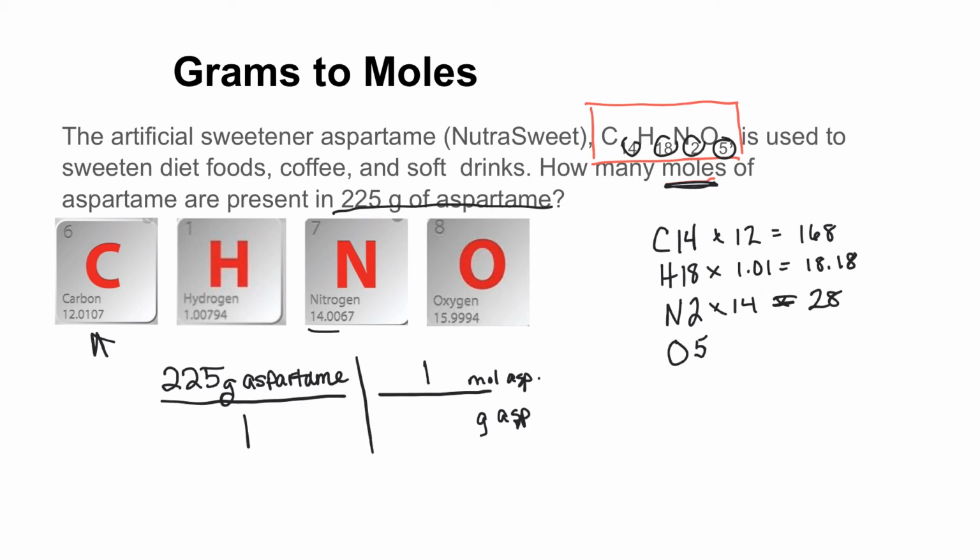And oxygen is 16, right? And so 5 times 16 is 80. And then we would need to add all those up, and we're going to get around 294.2 grams. And this is the molar mass.